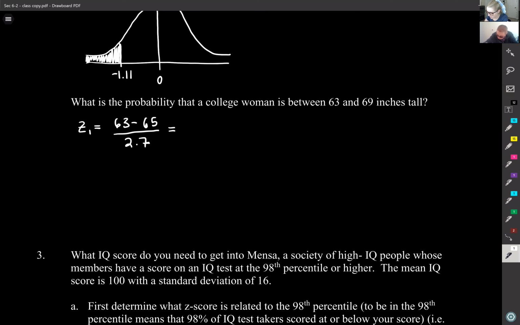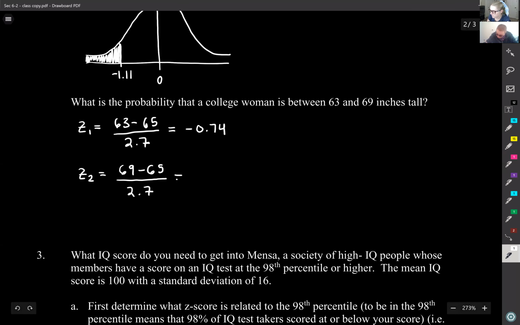Gives me negative 0.74. Let's do the second one. So Z2. This time I'm interested in the number 69, and I'm going to subtract the mean from that and divide by my standard deviation. Just using my calculator again. This gives me a Z-score of 1.48.